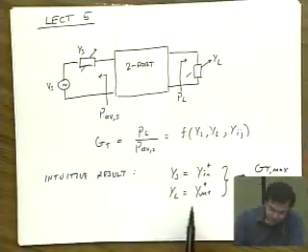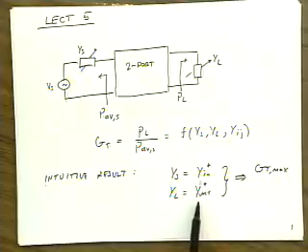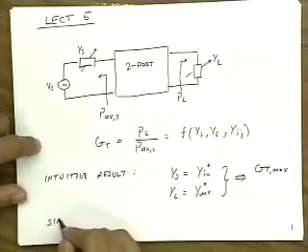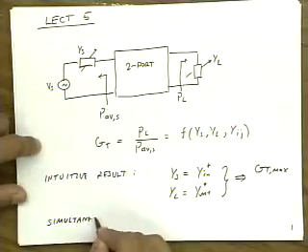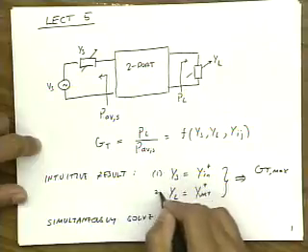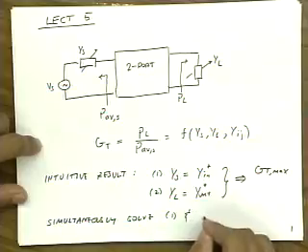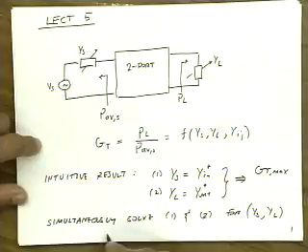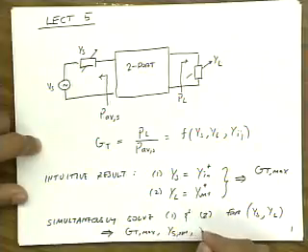You'll note that in general, because Y in and Y out are each a function of both Ys and YL, this is a pair of equations that we can simultaneously solve. So if we simultaneously solve, let's call this equation 1 and equation 2, for Ys and YL, then we can find GT max, Ys opt, and YL opt.